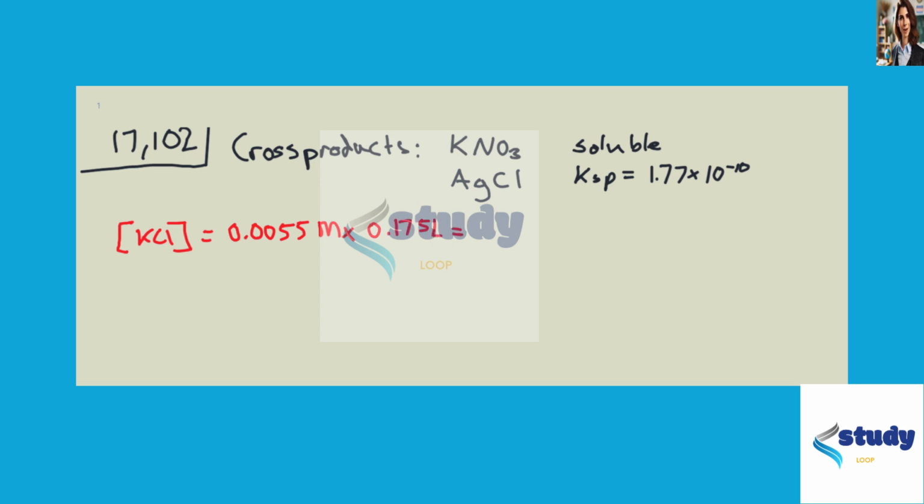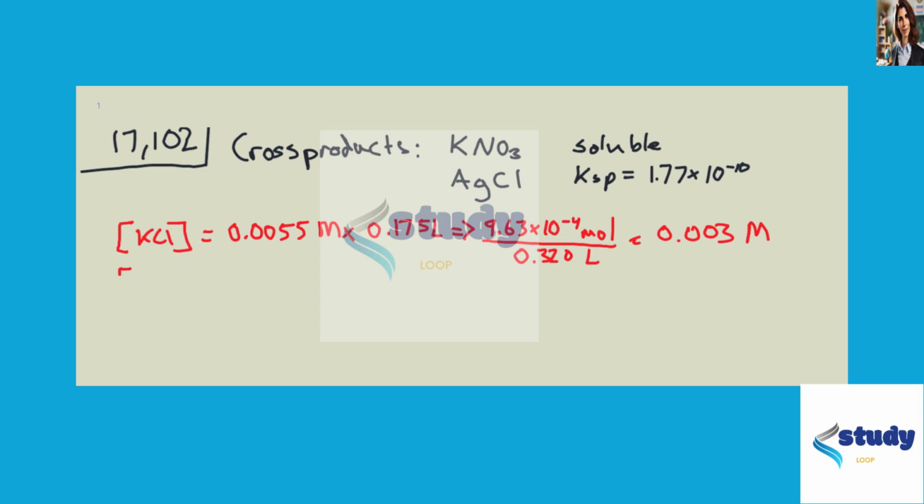This is equal to 9.63 times 10 to the minus 4 moles. And then if we add both volumes, we get to 320 milliliters, which is 0.32 liters. And we do this calculation to get 0.003 molar calcium chloride.